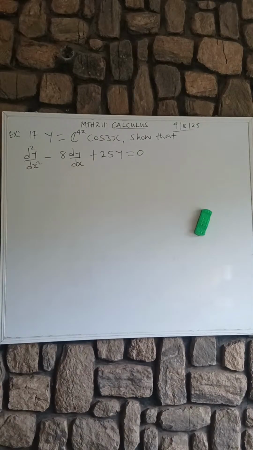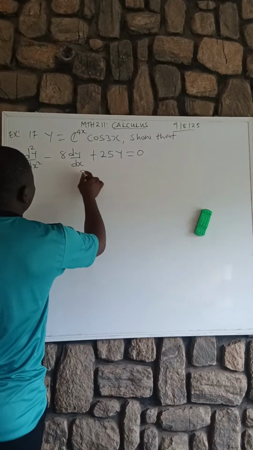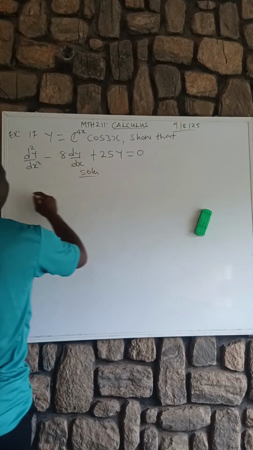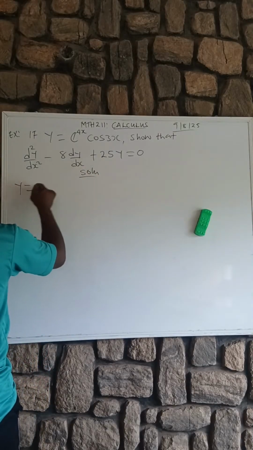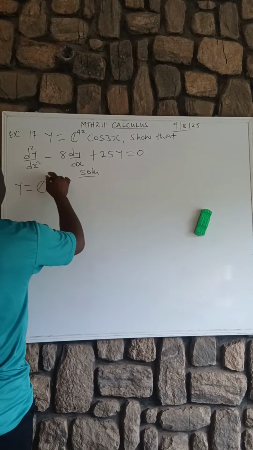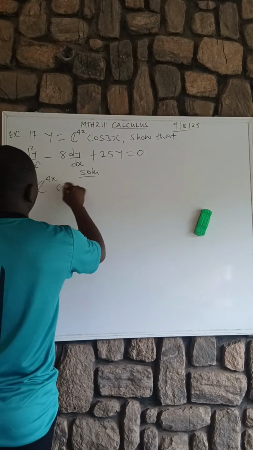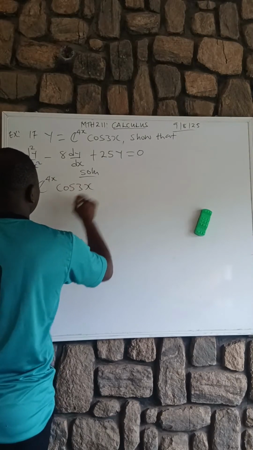So let's proceed further. We write the solution: y equals exponential 4x cos 3x.